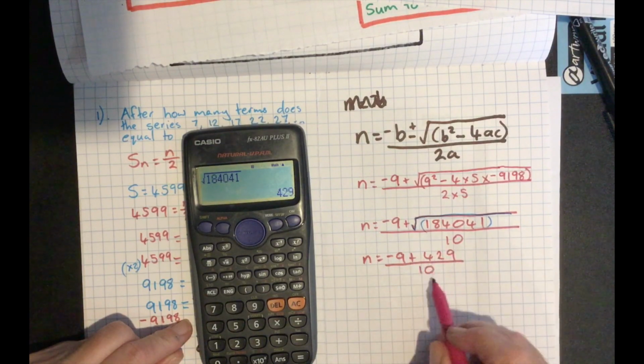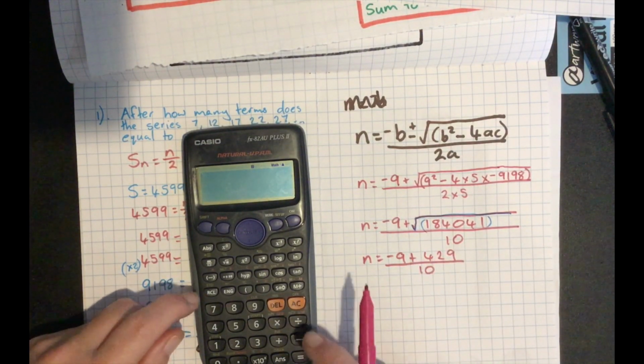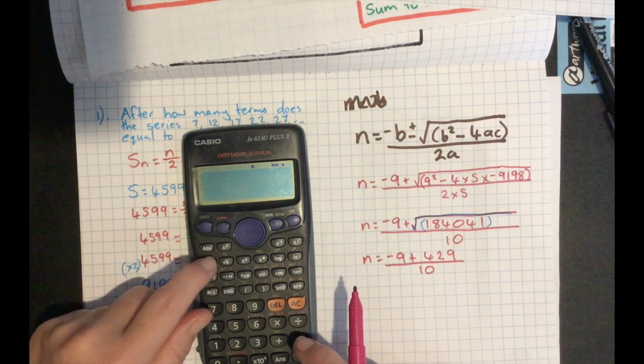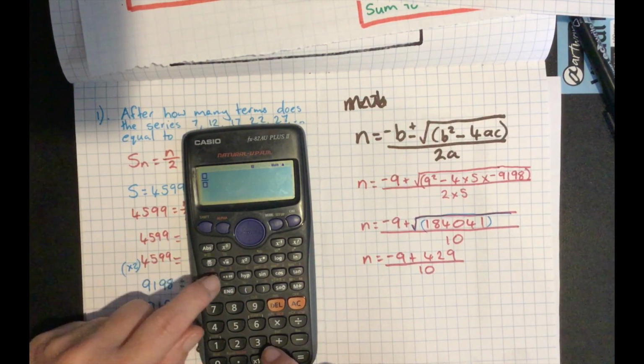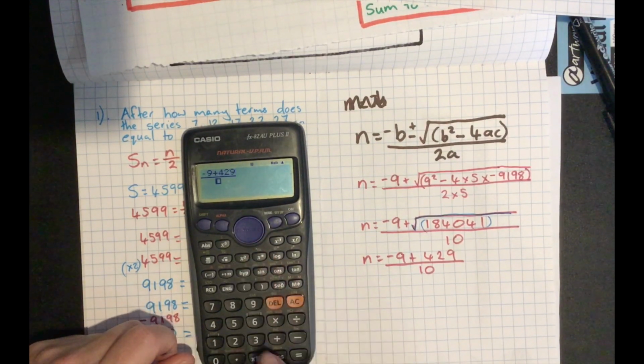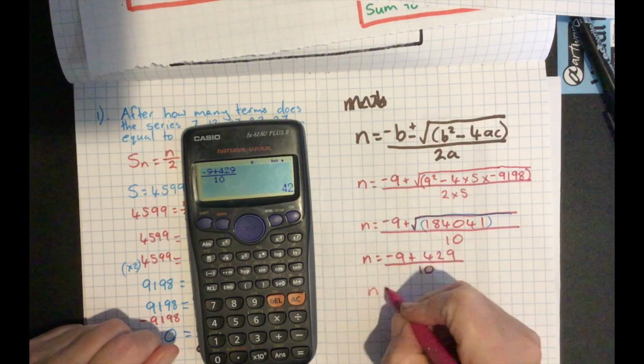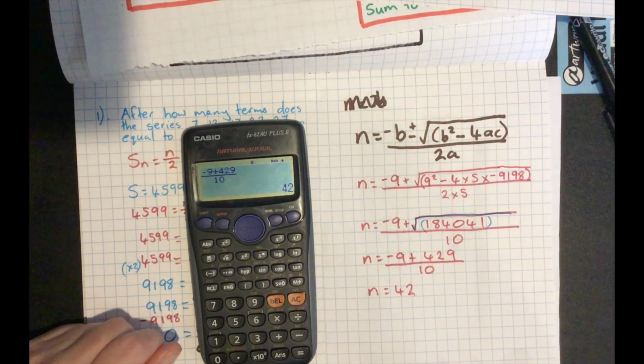Solve this up the top and then divide. I'm going to shortcut it though. I'm just going to go through and I can plug it in as a fraction. Negative 9 plus 429 divided by 10 gives me n equals 42.